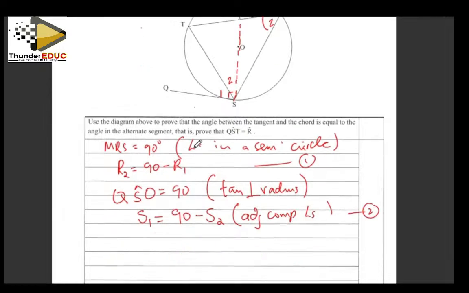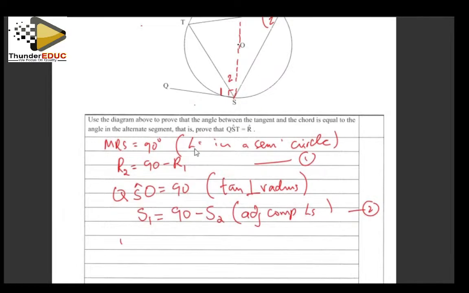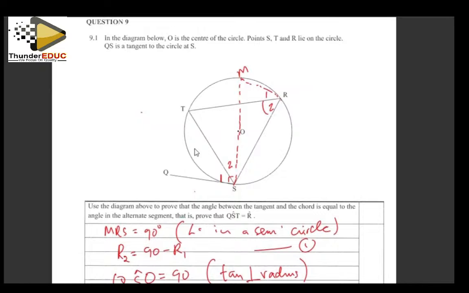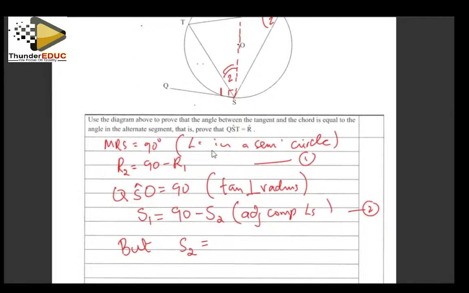And then I'm going to put a but and say that my angle S2 is the same as which angle? It is the same as R1. So this angle is the same as R1 because of the bow tie. The reason is angles in the same segment.